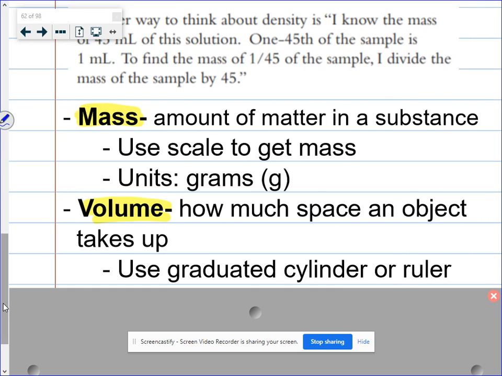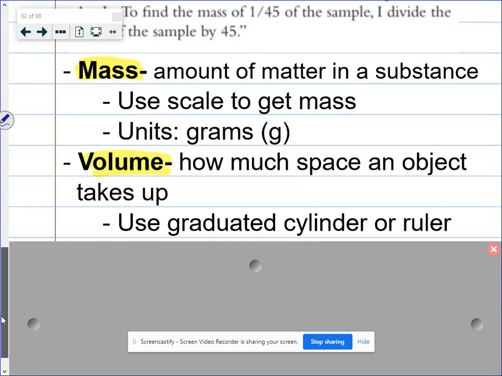or I can actually measure the volume of an object using a ruler. Now, the ruler doesn't always work, especially for objects that are not box or rectangular shaped.